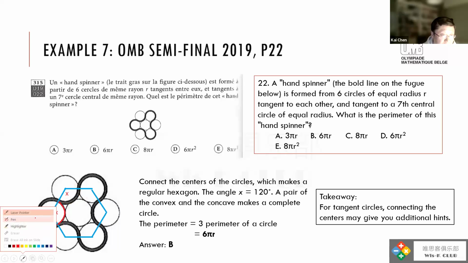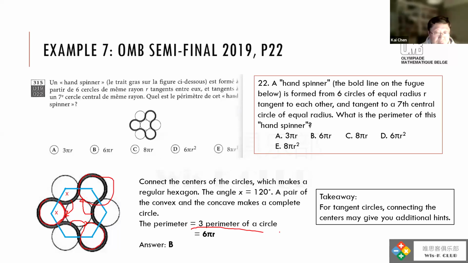Basically we can just move this part to here, and this part to here, and this part to here. It's just 3 parts. Then we assemble it again and end up with 3 circles, like this one and this one.